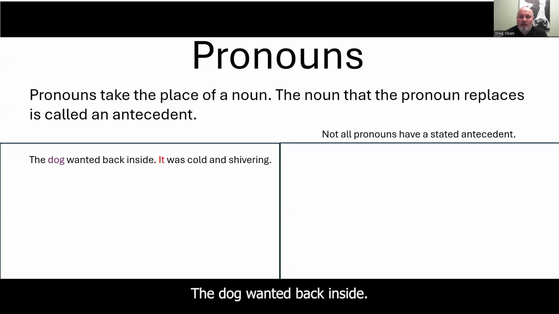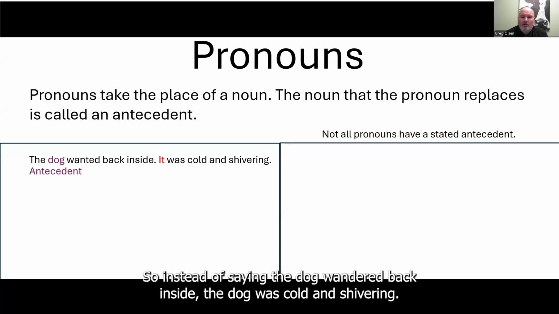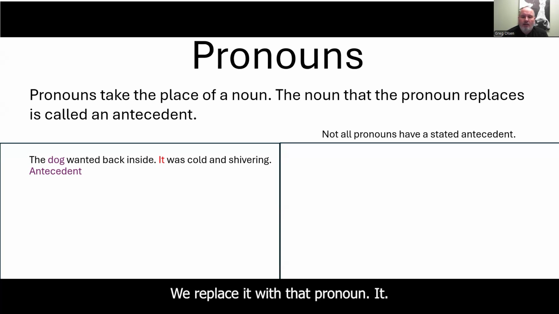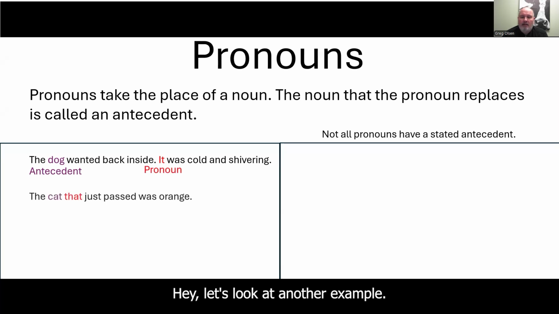The dog wanted back inside. It was cold and shivering. So where do we have our pronoun? We see that it's here with it. So dog becomes the antecedent. That's the noun that's being replaced. So instead of saying the dog wanted back inside, the dog was cold and shivering, we replace it with that pronoun it.